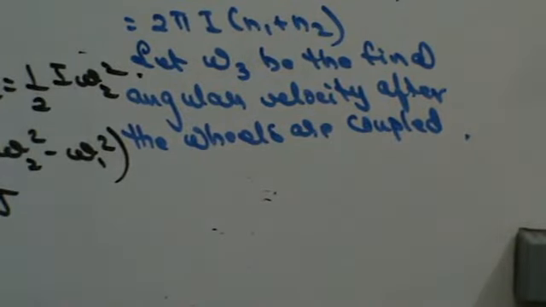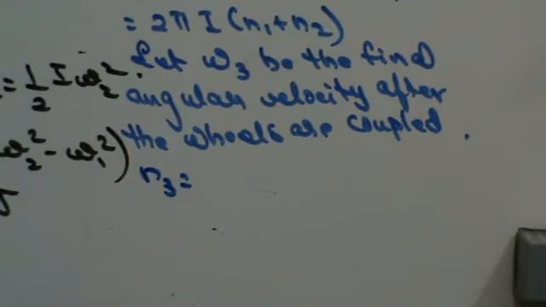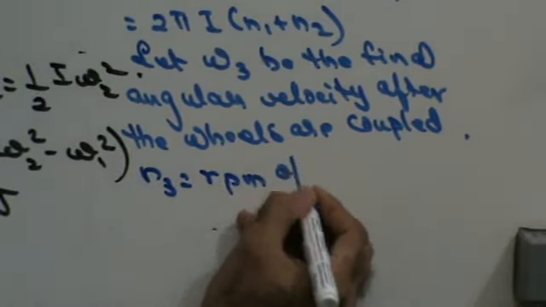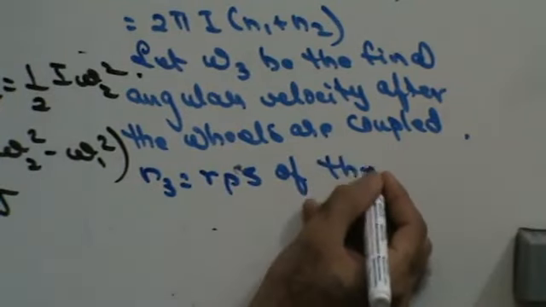So in that case, if omega 3 is the final angular velocity, n3 will be the final RPM, or RPS to be precise, of the resultant combination.